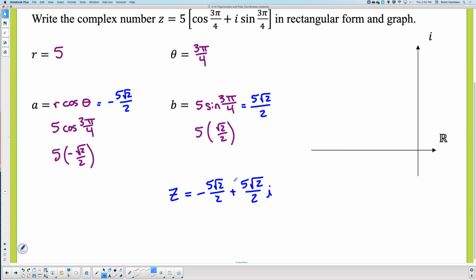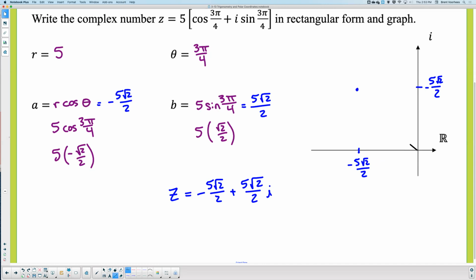Like that. So where would that be plotted? I don't know what that is as a number. 1.4, 1.7, 3.5. It's about negative 3.5. I'm going to guess negative 3.5. I'm going to say it's there. And it had the same b value as a. So that's negative 5 square root 2 over 2. Negative 5 square root 2 over 2.